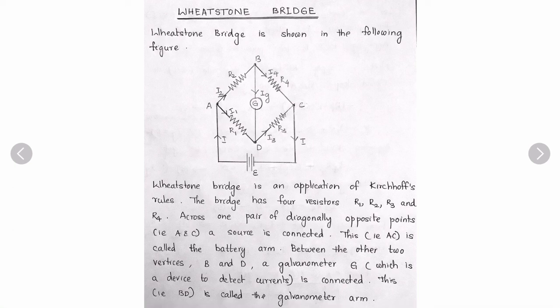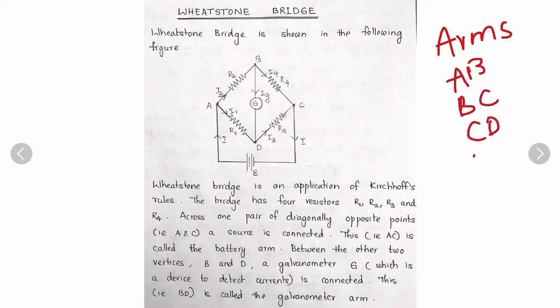We call them arms. Which are arms? AB is an arm, BC is an arm, CD is an arm, DA is an arm. Like that, AC is also another arm, BD is also another arm. So these are the arms, that means connections.